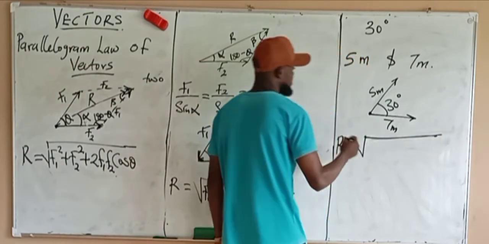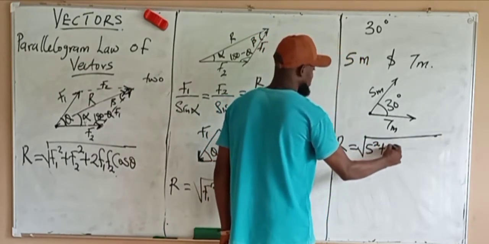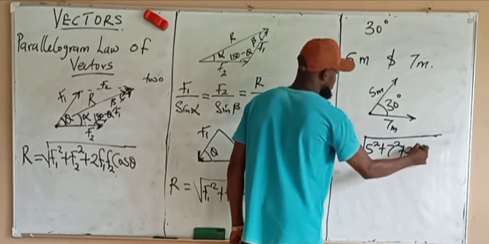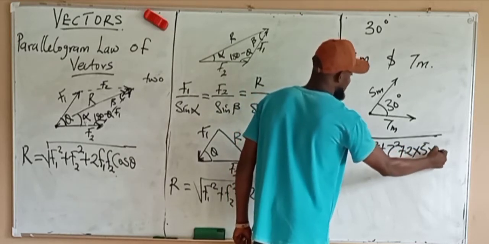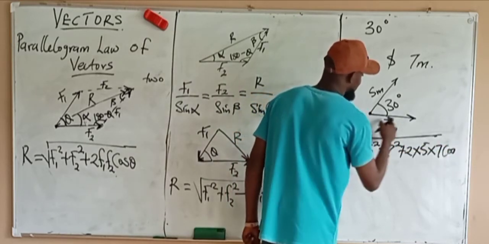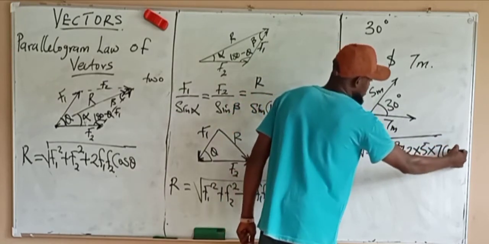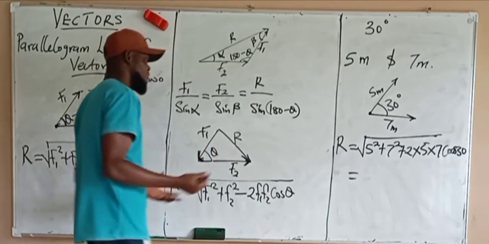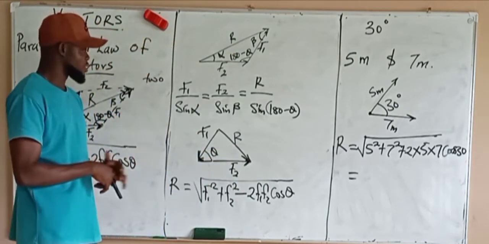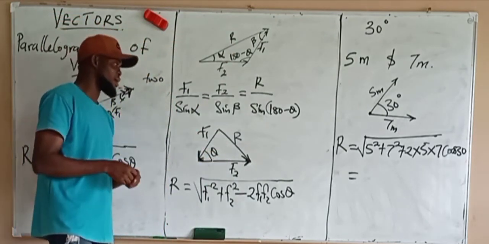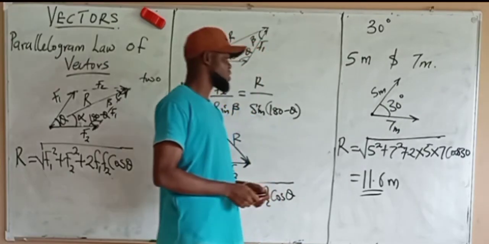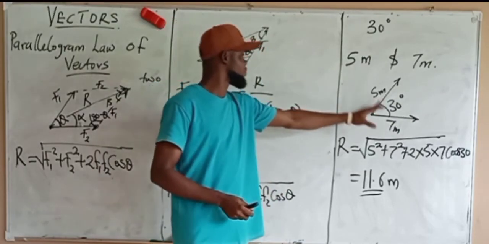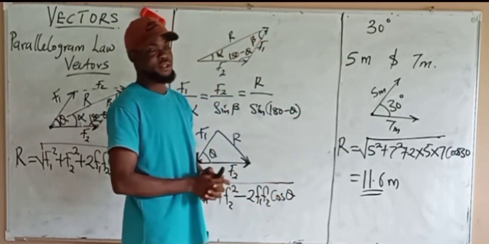So we're going to have 5 squared plus 7 squared plus 2 times 5 times 7, because the angle between 5 and 7 is 30 degrees. So without wasting time, using our calculator, you are going to have 11.6 meters. That is the resultant based on this law of vectors.